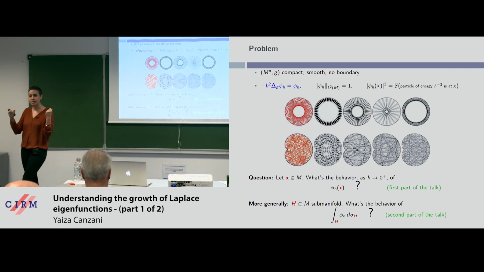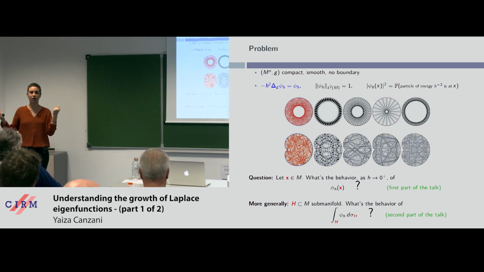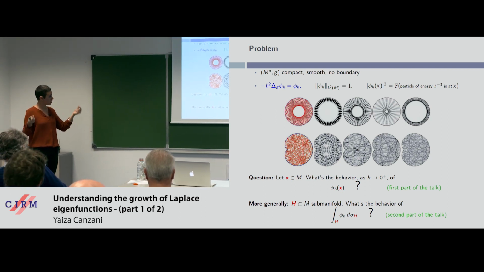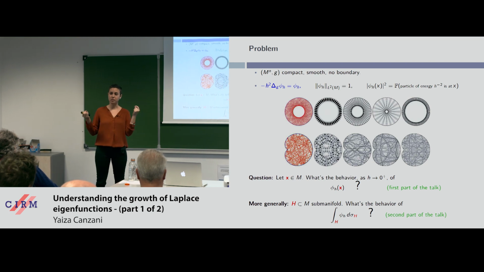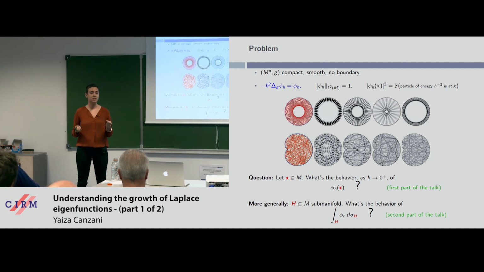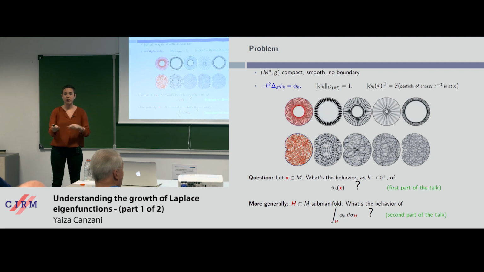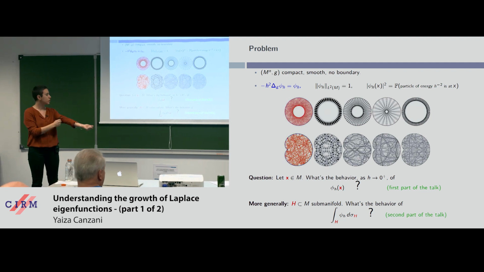Throughout the talk, I'm going to list several results to showcase how robust the techniques we've been developing are. But what you should take out of this talk is not the results, but the techniques, how we've been working with eigenfunctions and trying to understand how they concentrate.